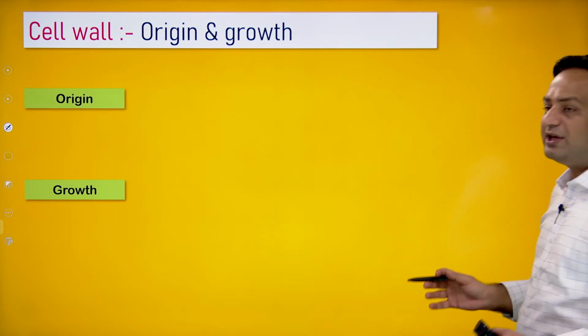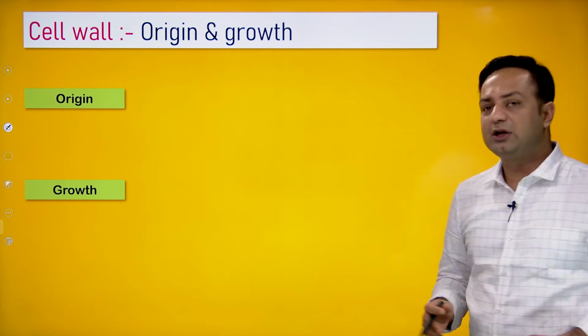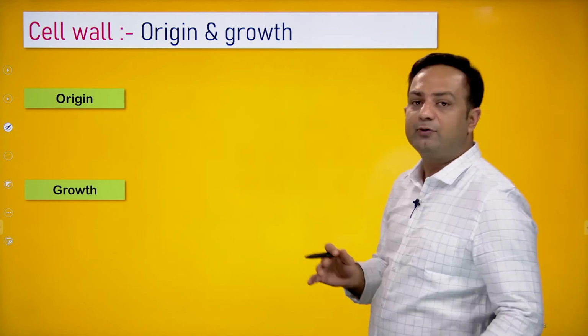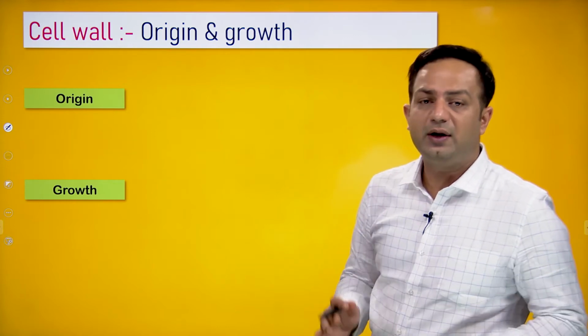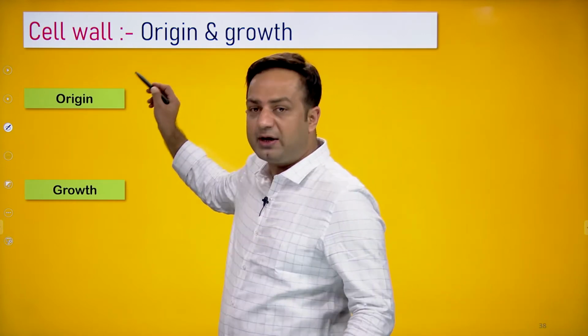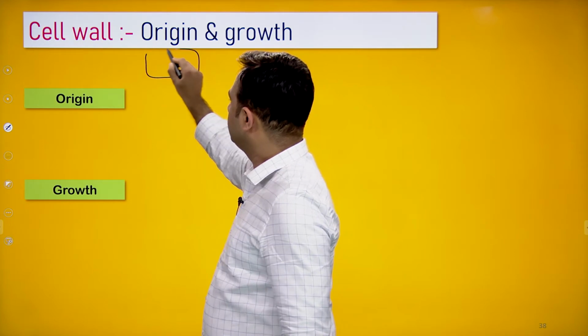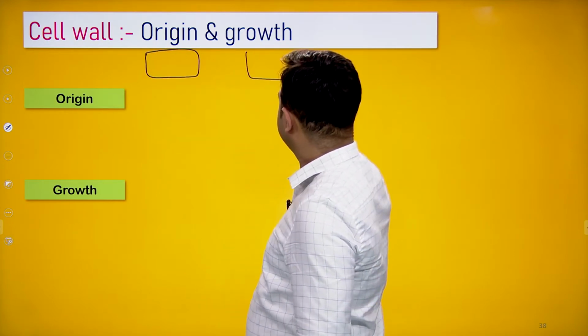Coming to the next one. The cell wall origin and growth. How did the cell wall originate? Actually, it is when the plant cells were undergoing division, I'll say mitotic division. This is the cell wall.